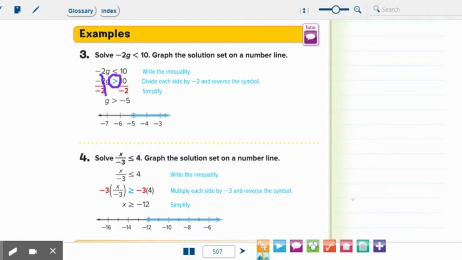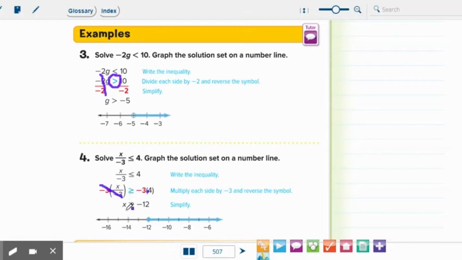Number 4, solve x over -3 is less than or equal to 4. Graph the solution set on a number line. This is showing x divided by -3. The opposite of divide is multiplication. We are going to multiply both sides by -3. The -3's on the left will cross out.